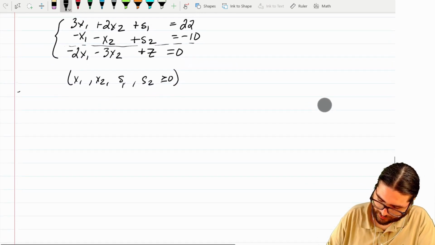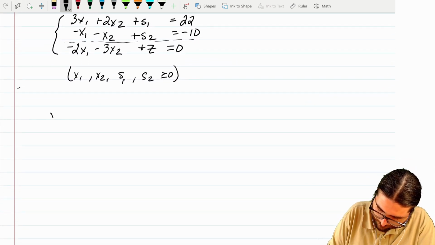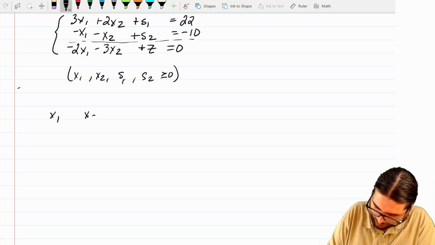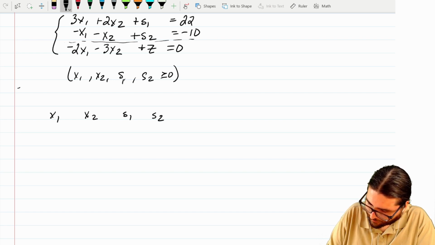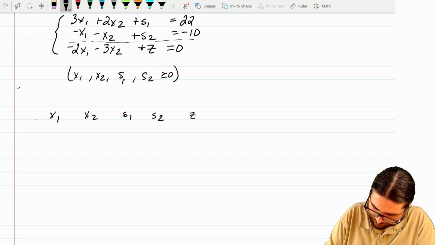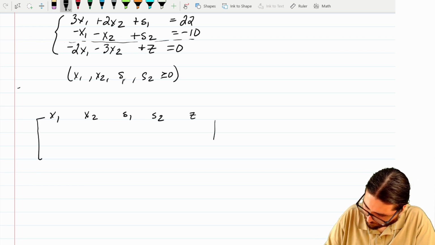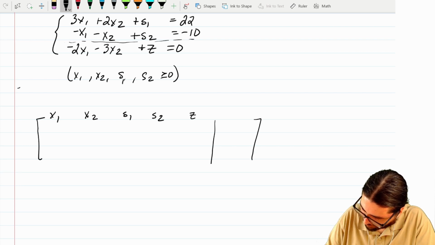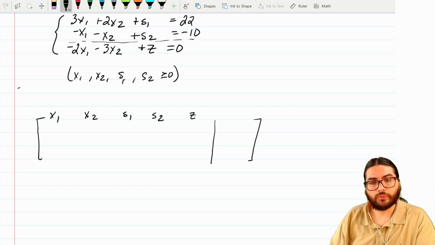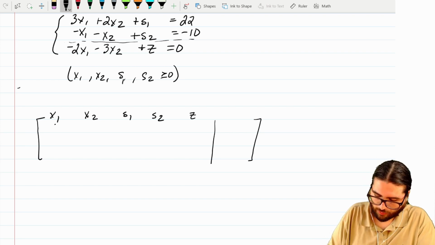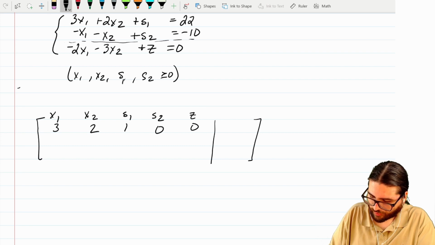Change that into a simplex matrix. I'm going to go ahead and write out my variable names. I need 3 rows because I have 3 equations. And after the bar, it looks like I need 1, 2, 3, 4, 5, 6 columns. Let's bring in all of the numbers from my matrix.